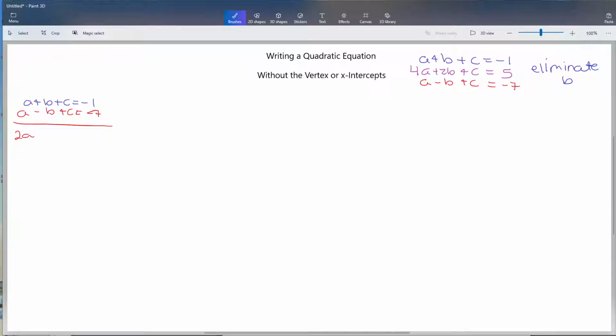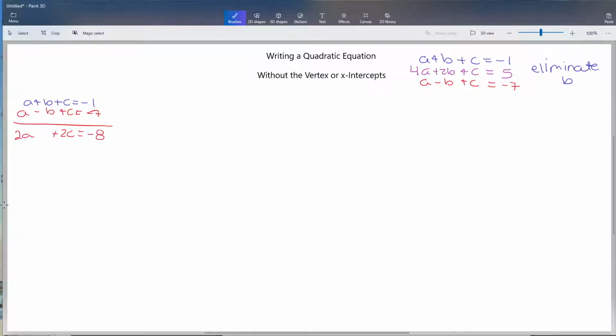That's what we wanted to have happen. C plus c is 2c, okay? And then -1 plus -7 is -8. All right. Then I'm going to do the same thing with two other equations.